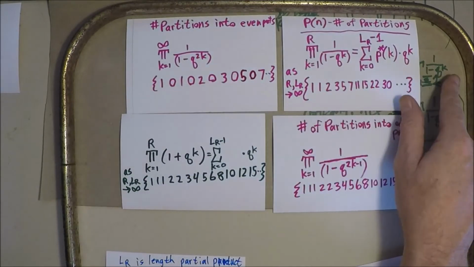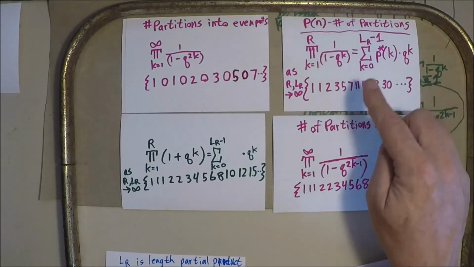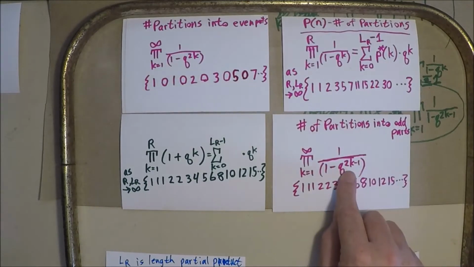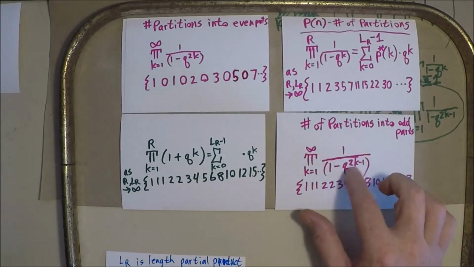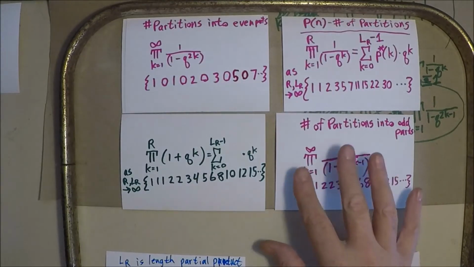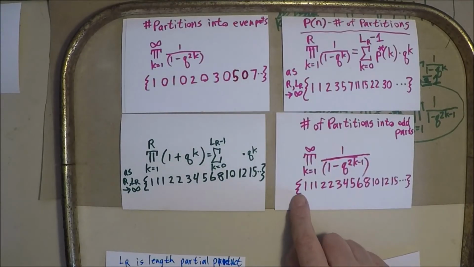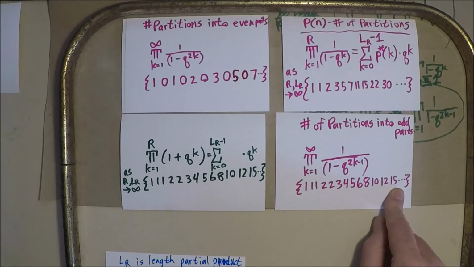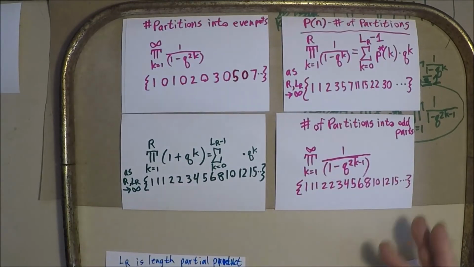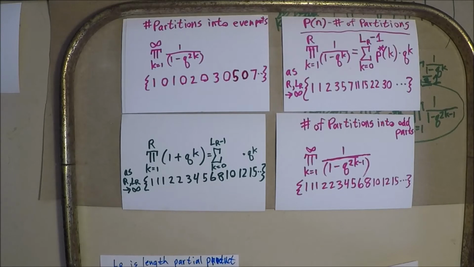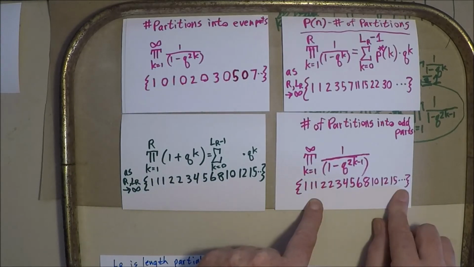And then in this one here, now we've got our 1 minus q to the 2k minus 1 in the product, and that gives us this same sequence. So what we just found is confirmed by this exercise.